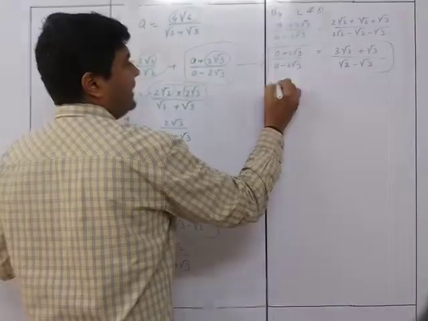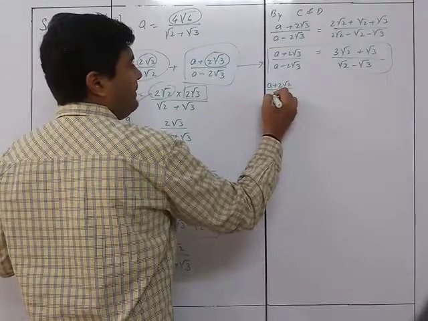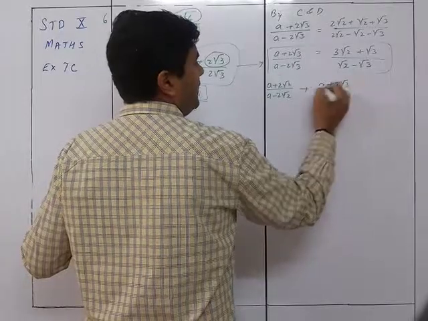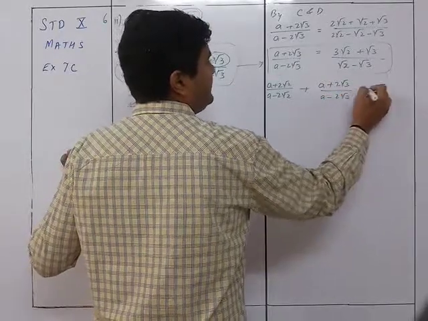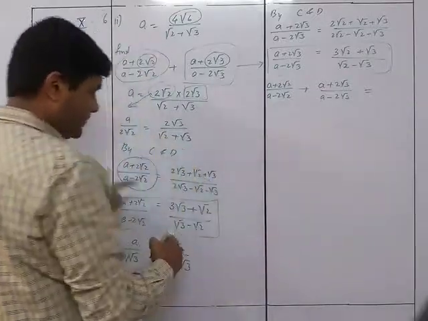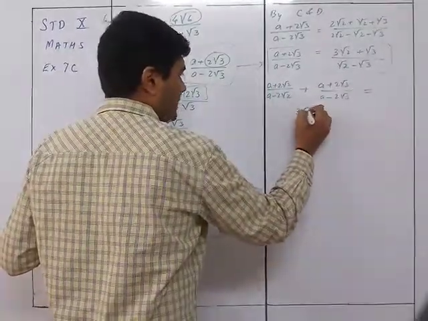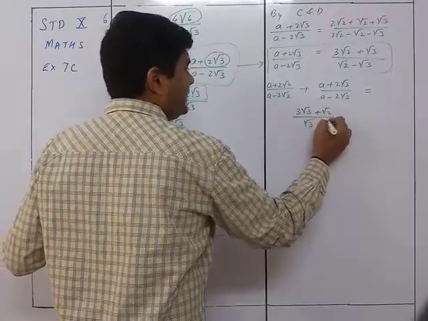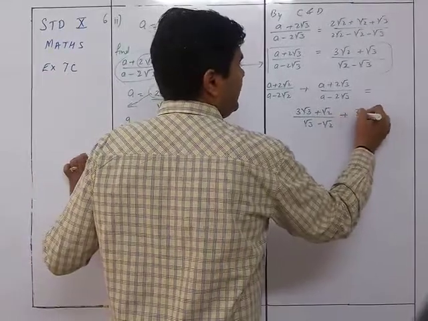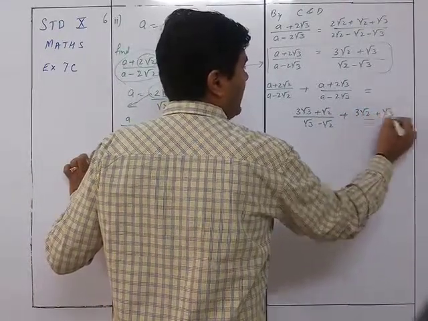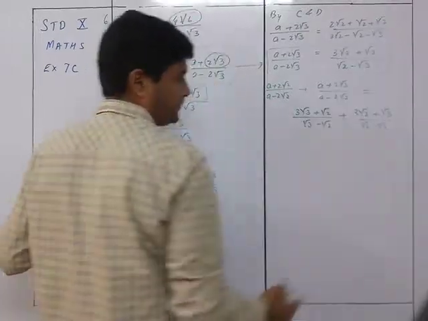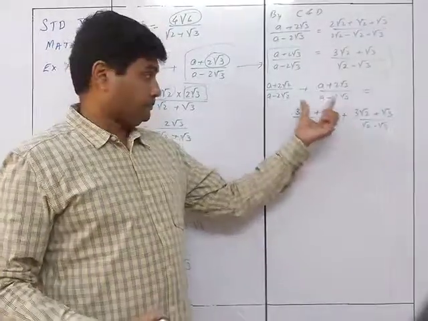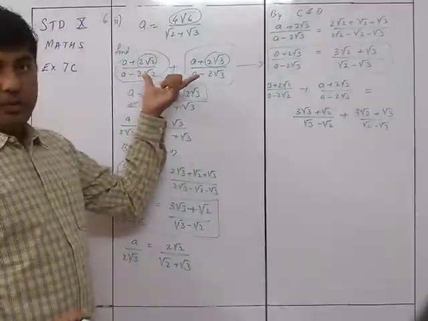It will be A plus 2 root 2 upon A minus 2 root 2 plus A plus 2 root 3 upon A minus 2 root 3 is equal to, what is the answer over here? 3 root 3 plus root 2 upon root 3 minus root 2 plus 3 root 2 plus root 3 upon root 2 minus root 3. Got it? So I need to now solve this. This is what is to be found out.